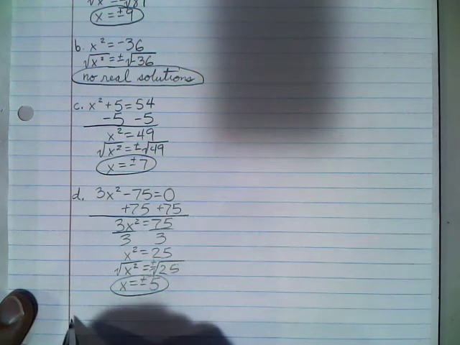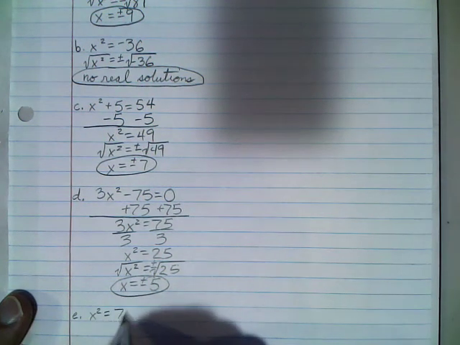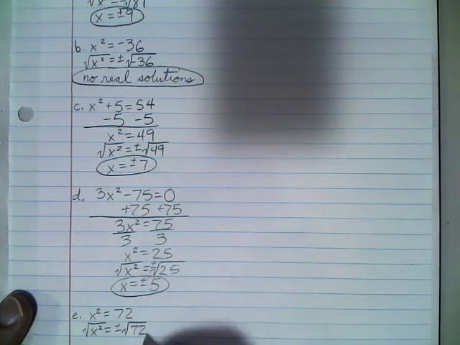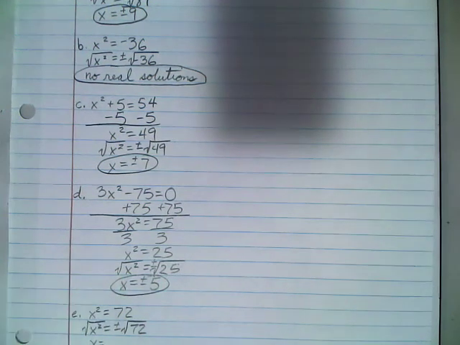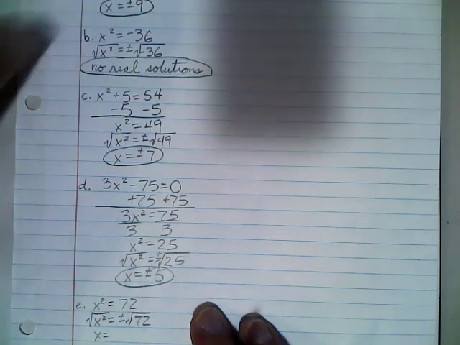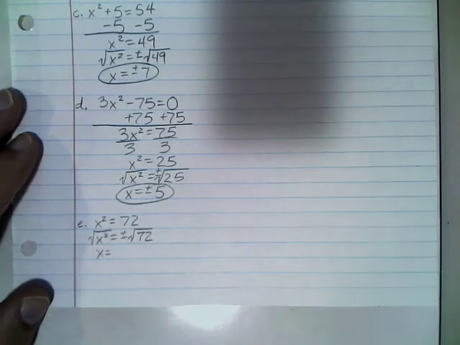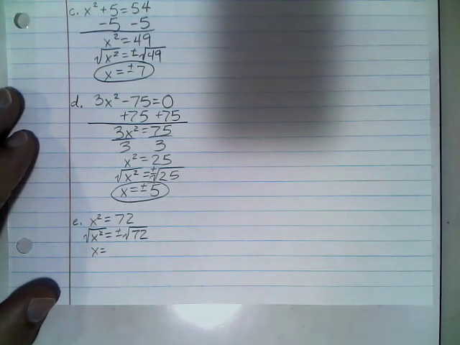E, x squared equals 72. So if I take the square root of both sides, remember plus minus, true square root. Therefore, x equals, well, plus or minus square root of 72. 72 doesn't have a nice square root. So since it does not have a nice square root here, we're going to go ahead and simplify the radical.